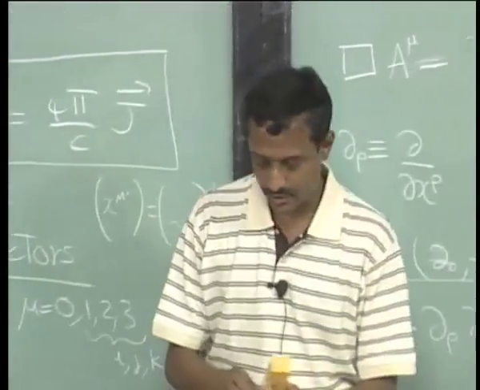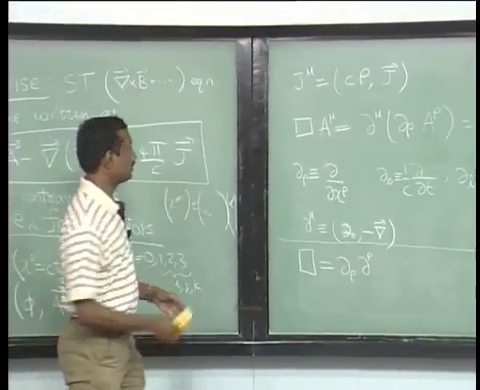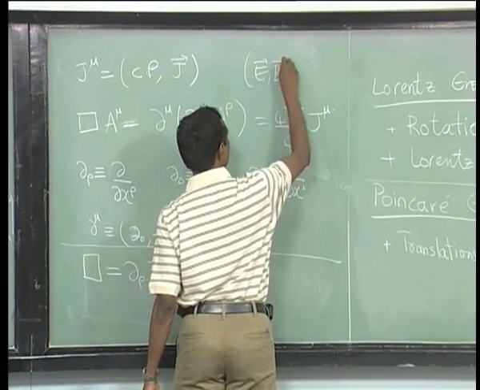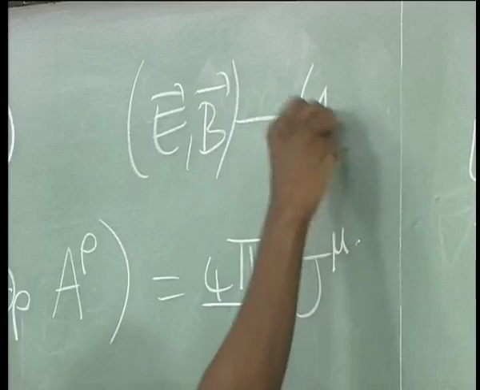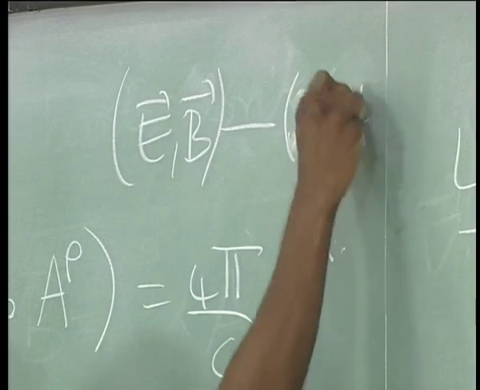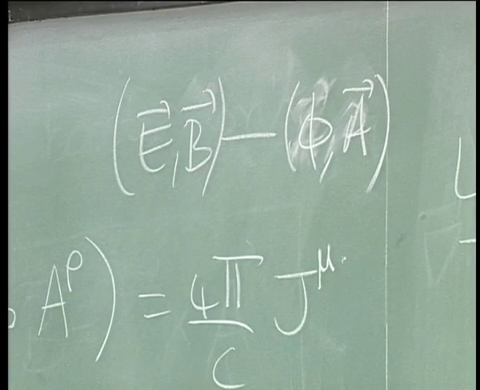Okay. So, let us just one small bit which I just forgot is that we made a change of variables. We went from E and B, we went to phi and A by solving the equations, but this is actually not unique.